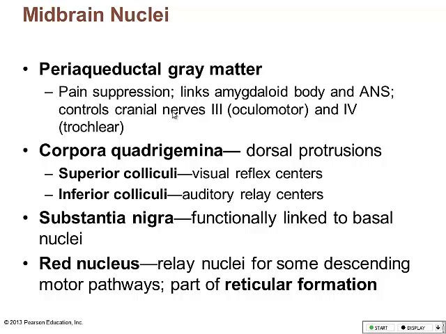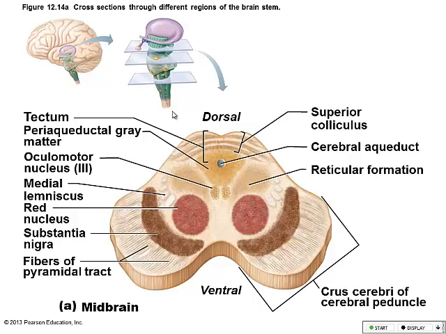The red nuclei is a big one that's going to help with organizing some descending motor pathways after we've processed, sending the information out so that there can be some sort of effect we find in the red nuclei. Again, you don't have to memorize this. This is a map of some of those different areas. When you become a brain surgeon, you'll have to know them all, and you'll have to know what they all do. Yes? But have an appreciation for how complex your nervous system is.